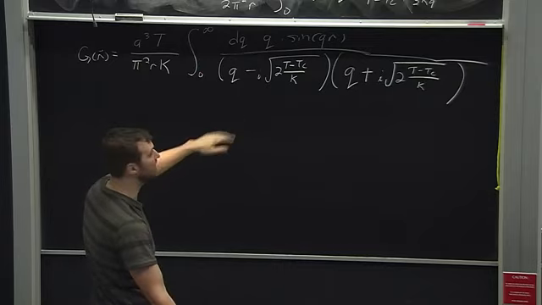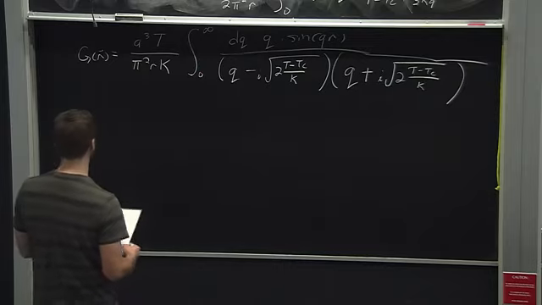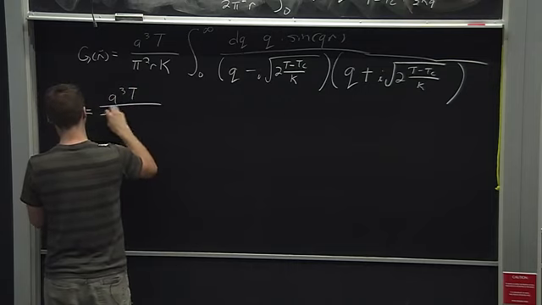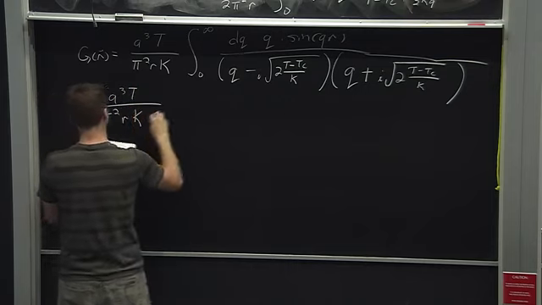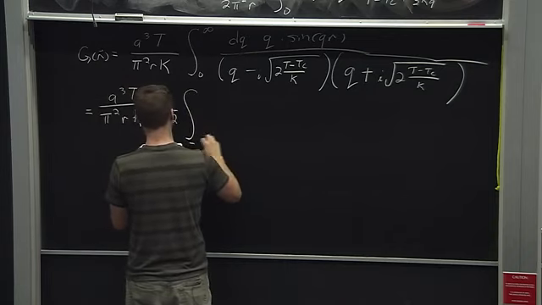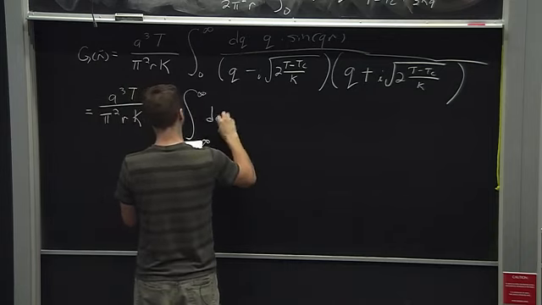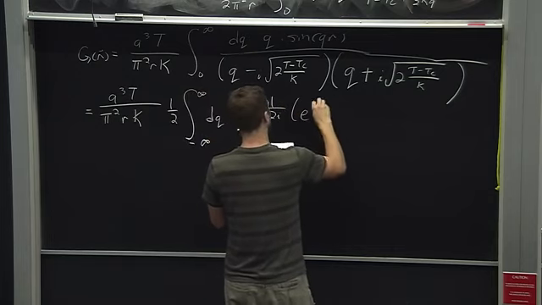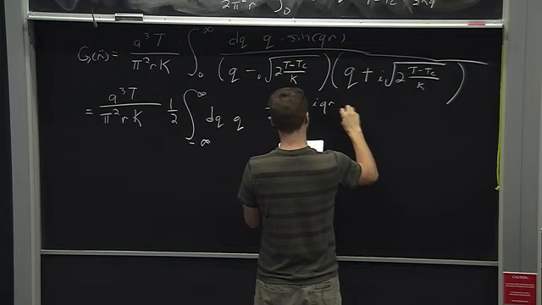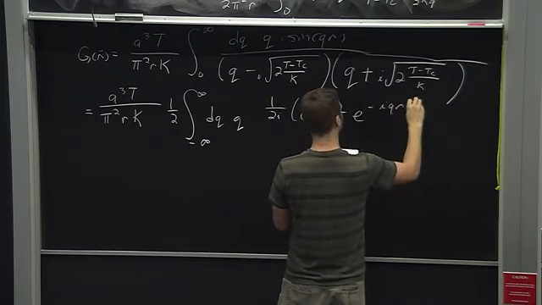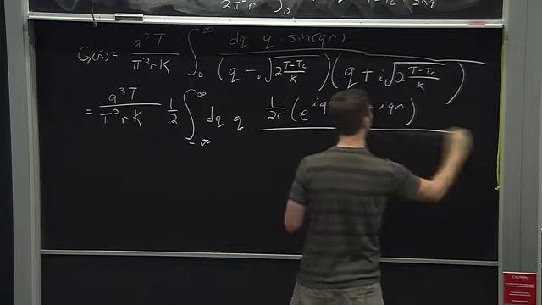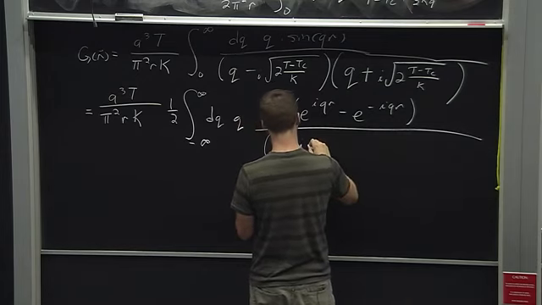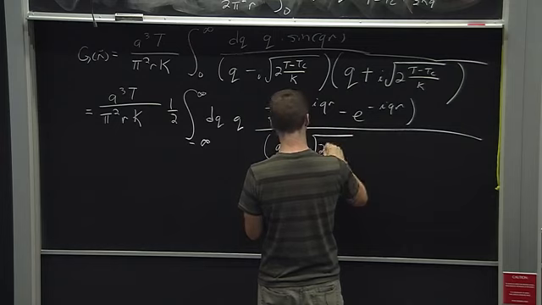So let me pull out that sine, turn that sine into an exponential. One over 2i, e to the i q dot r minus e to the minus i qr. They're scalars. This thing gets annoying to write really quick.